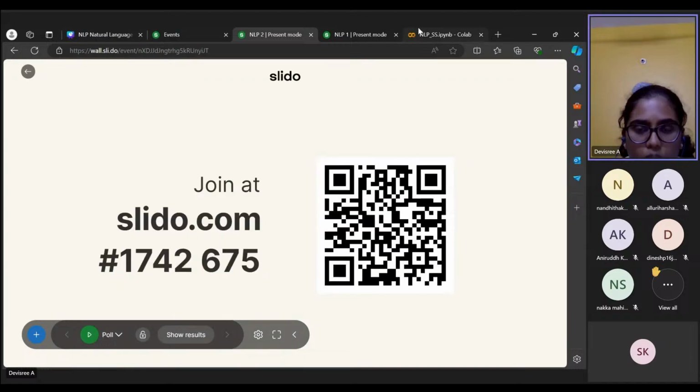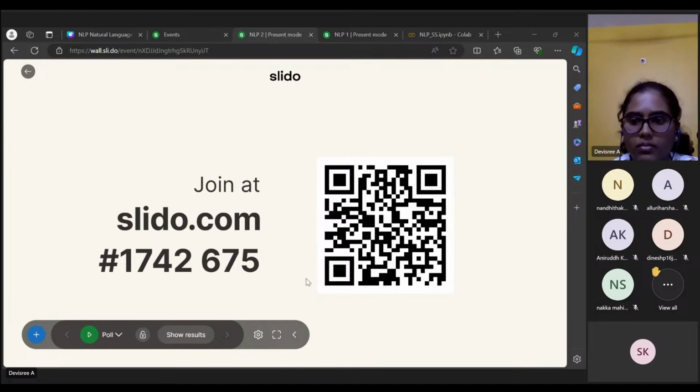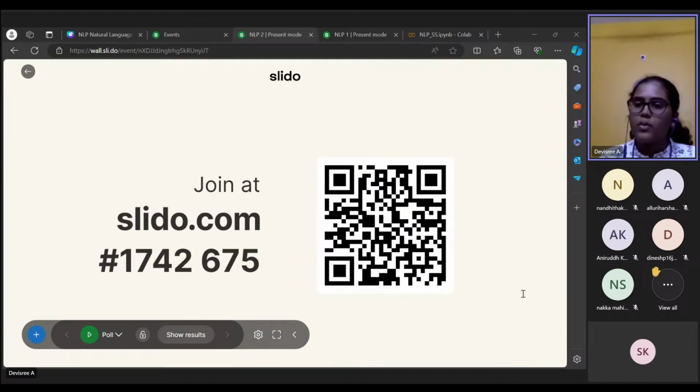Okay, so before I move on to code implementation, let me take a few doubts. See, the difference between skipgram and CBOW is mainly that these are two different architectures that are used to train the word to vec.